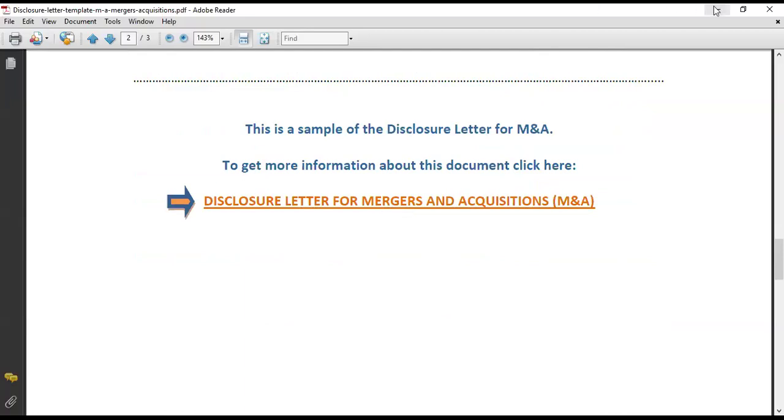Then you indicate if there's been change of directorship, anything to do with employees that has changed. But you do the disclosure letter just before you sign the share purchase agreement or the sale agreement, and they will have undertaken due diligence. So anything that has happened between that time is what you disclose. I think that's what I would say.